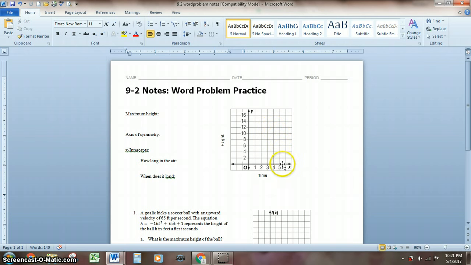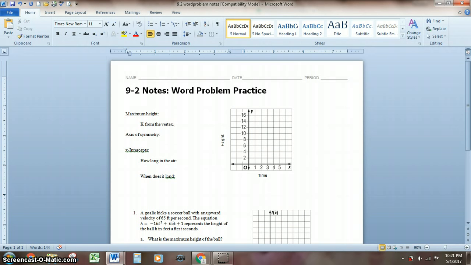So they'll all have a maximum height, and we find it the same way that we've been finding it. The maximum height is k, so it's just k from the vertex. That's really all you need to write there. K from the vertex. That's how you figure out how high the ball is going in the problem.